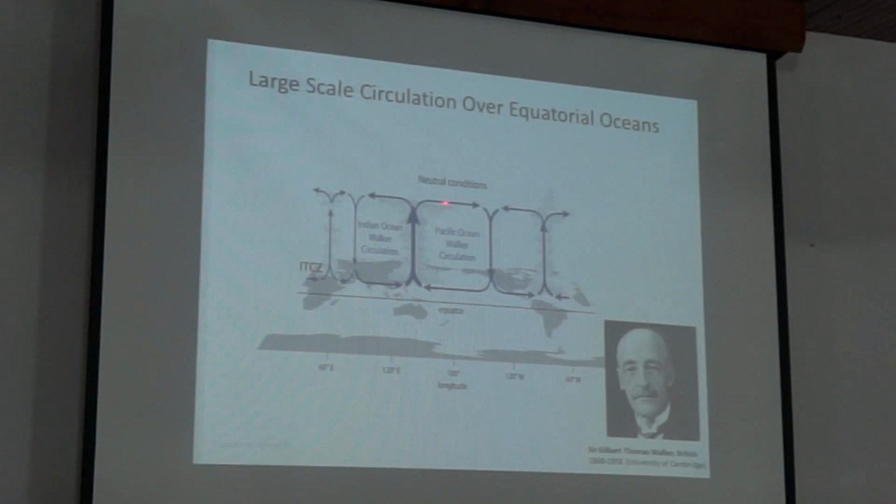Some of the air goes up and moves into the Eastern Pacific, and then it keeps on falling down, and then you have a circulation. And again, part of this air comes to the Indian Ocean, and it keeps on going around. So this is called the Walker circulation. It's a very important process in the tropics.